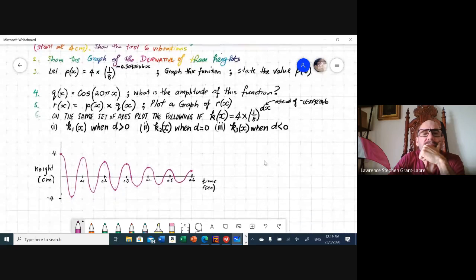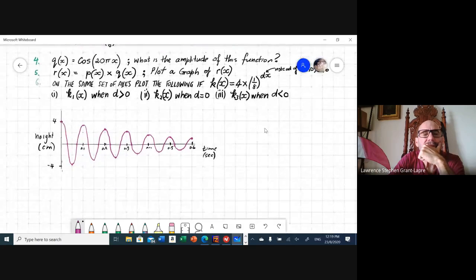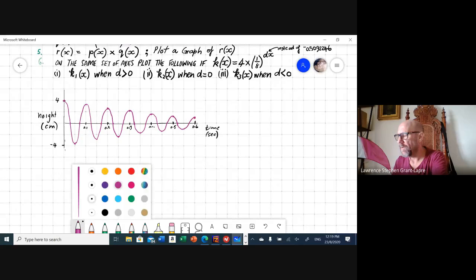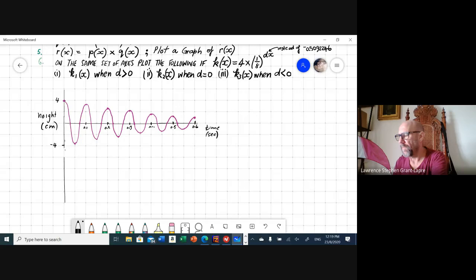Show the graph of the derivative of those heights. Okay. So let's do that on a separate graph. This time we have a 0 height, so it's 0 here, still 0.1 second, and it's turning.